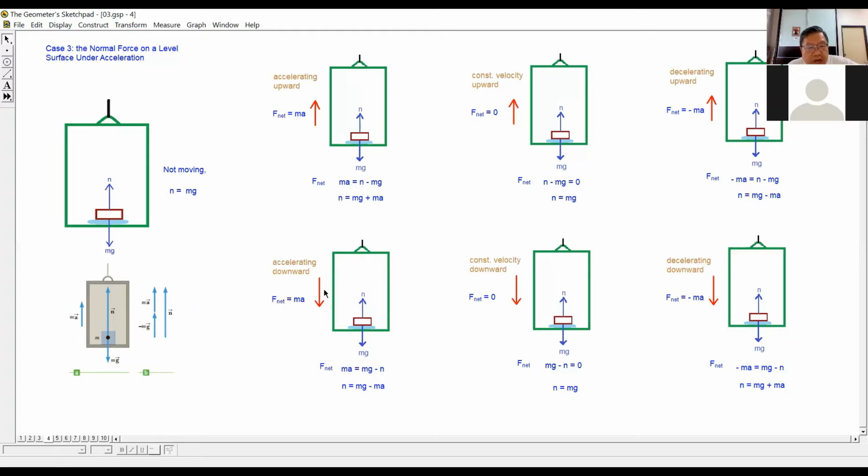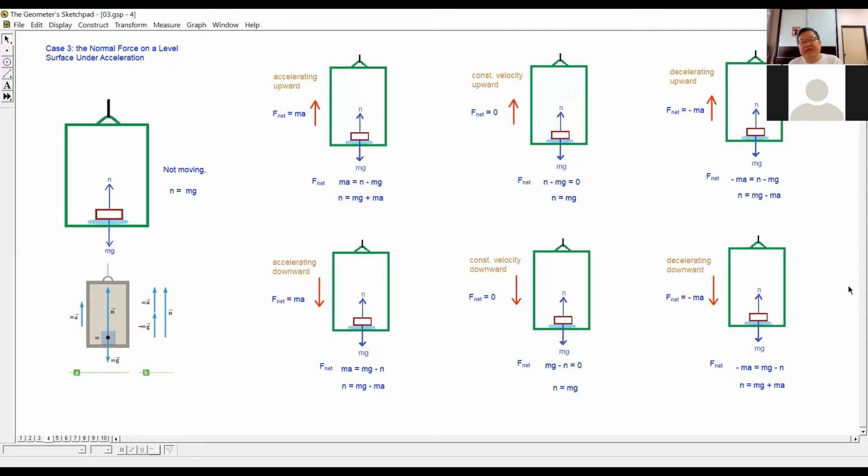Since we are moving downwards, we are in the same direction as the mg. So the net force will be the mg minus the normal force, the weight minus the normal force. In all three cases of moving downwards, we use the weight minus the normal force, because we are moving in the same direction as the weight.